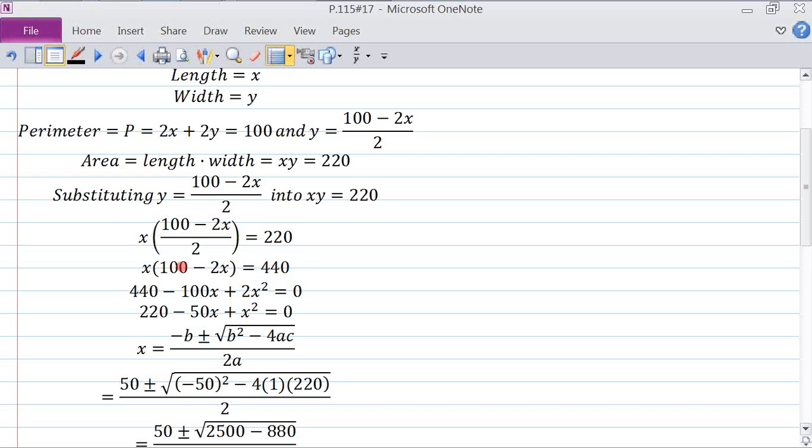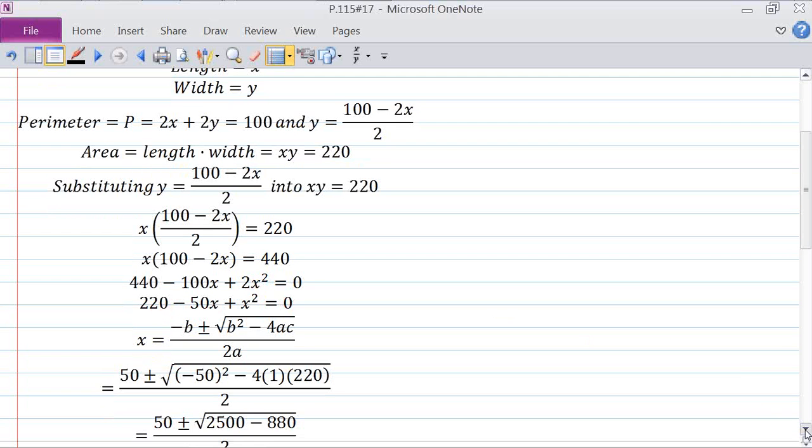Bring the 100x from the left to the right, it becomes minus 100x. Bring the minus 2x squared from the left to the right, I get plus 2x squared equals 0. So now I divide through by 2, each term by 2, just to make it simpler.